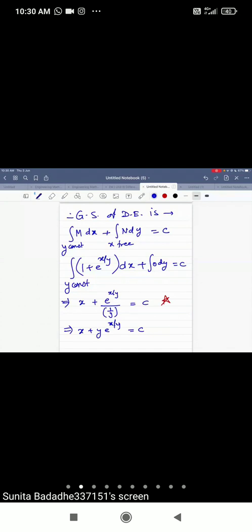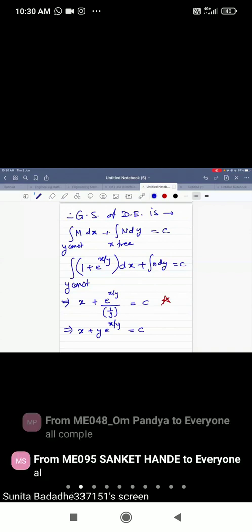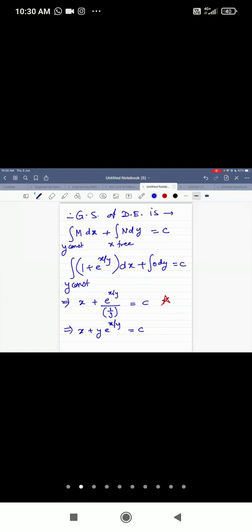Accordingly, I'll decide what type of examples and how many questions to take. Okay, Ganesh has completed, Pratik has completed. Good. Now this I'll follow in examples, sessions here onward. I'll list the questions so that those who are fast enough can do the questions according to their speed once the techniques are clear. Okay.